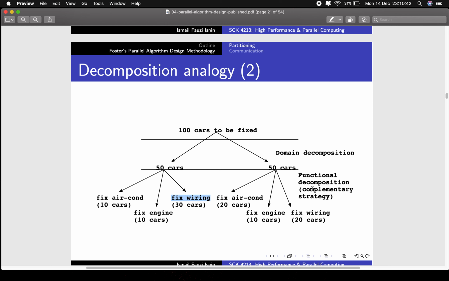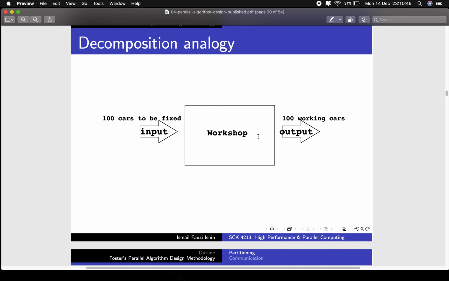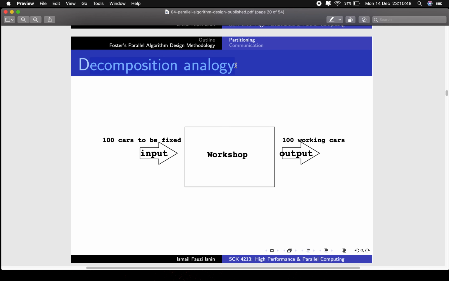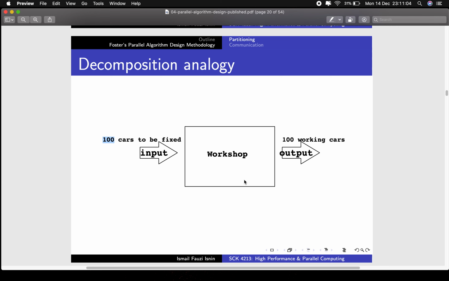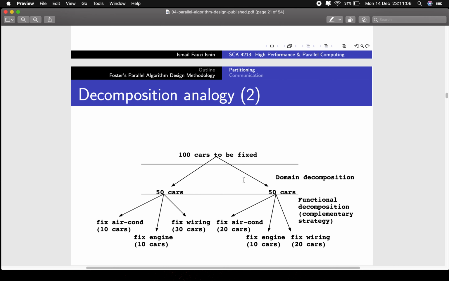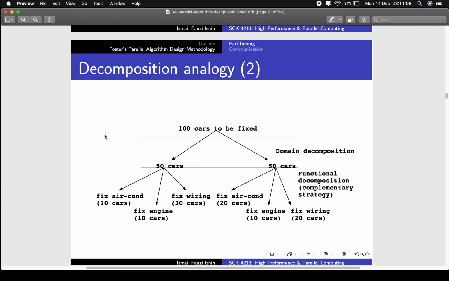So you are using the complementary strategy rather than the first analogy, where you send all the 100 cars to one shop without grouping them by the problem of each car. So I think the second is better under the decomposition analogy.